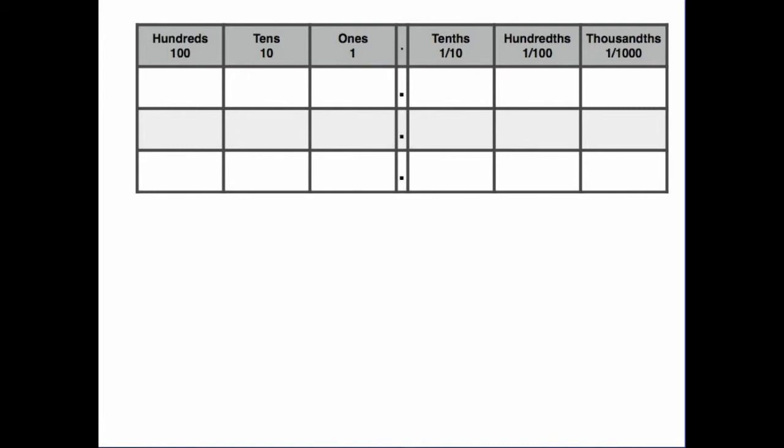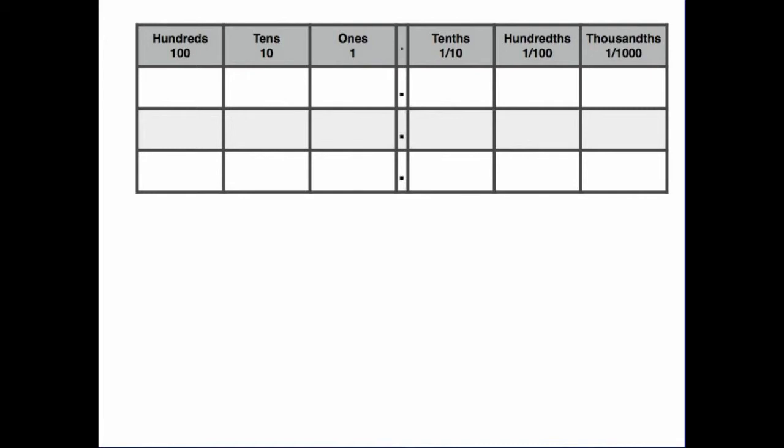Look at E. It says 5 times as much as 7/10. 5 times as much as 7/10. How do you think I'm going to do that? 5 times 7. 5 times 7, what? 35 tenths.